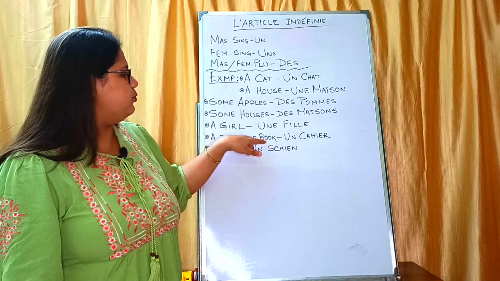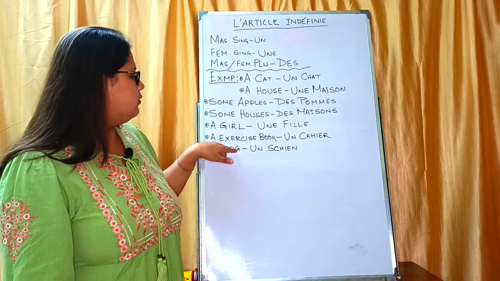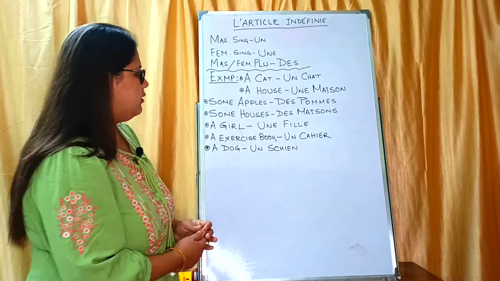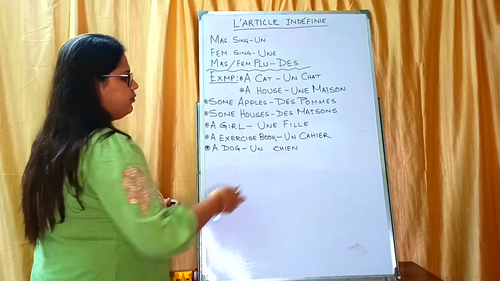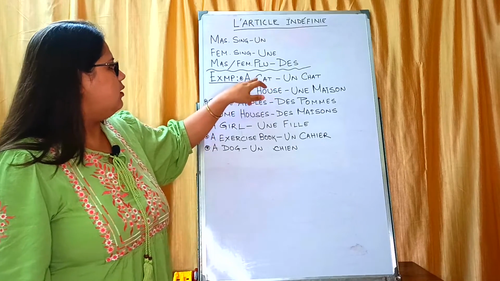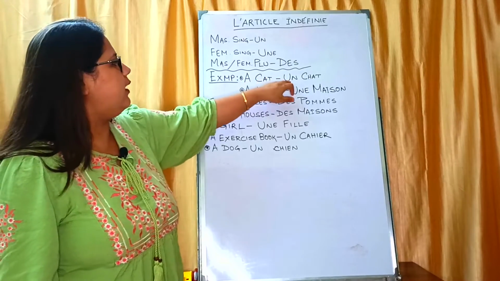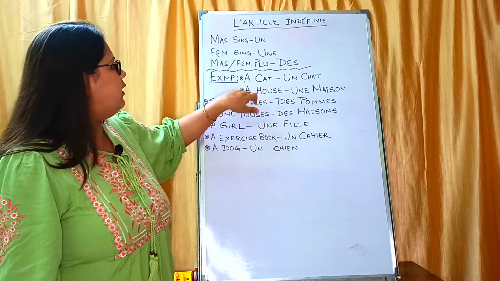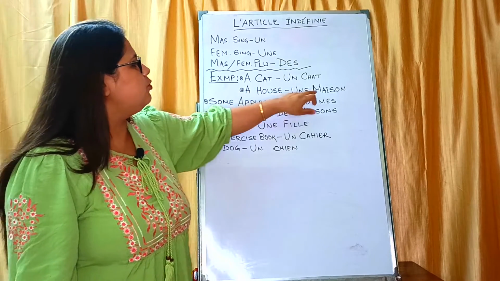An exercise book, un cahier. A dog, un chien. So, like a cat, the cat is masculine, so that is why un chat. A house is feminine in French, so that is why une maison.